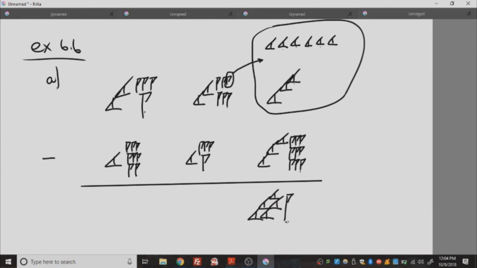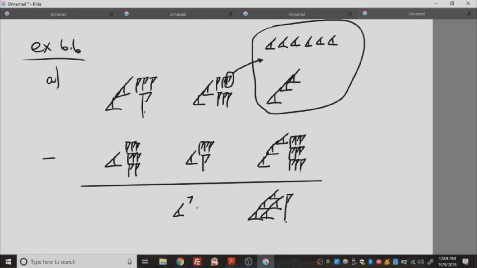All right. So what is left in the middle column? 25 is left. Minus 14. That's enough. 25 minus 14, 11.